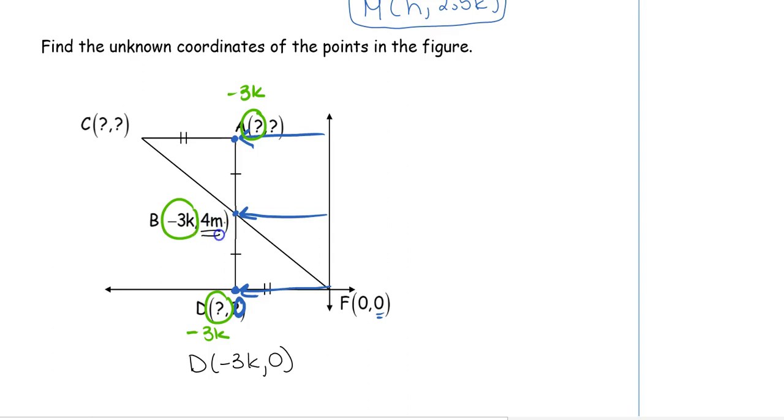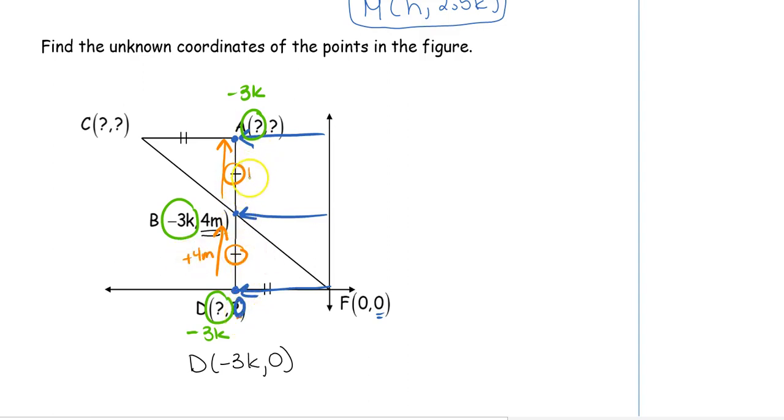This one has a different y value. It is at 4m, but I noticed this indicator that these two pieces are the same distance. So however far I moved up to go from 0 to 4m, I'm moving that same distance to go from here to there. So if I'm at 0, I had to add 4m.